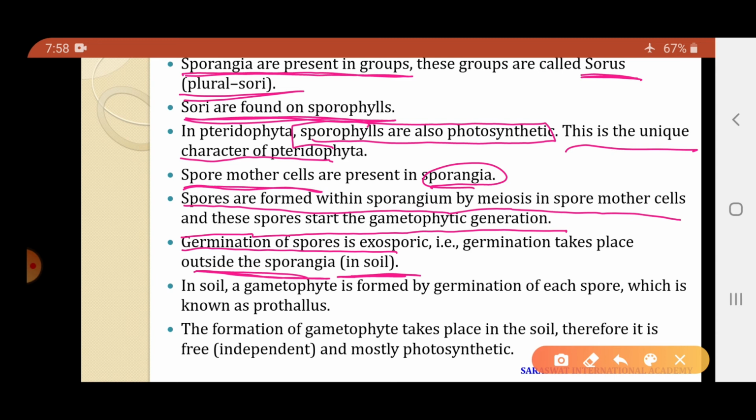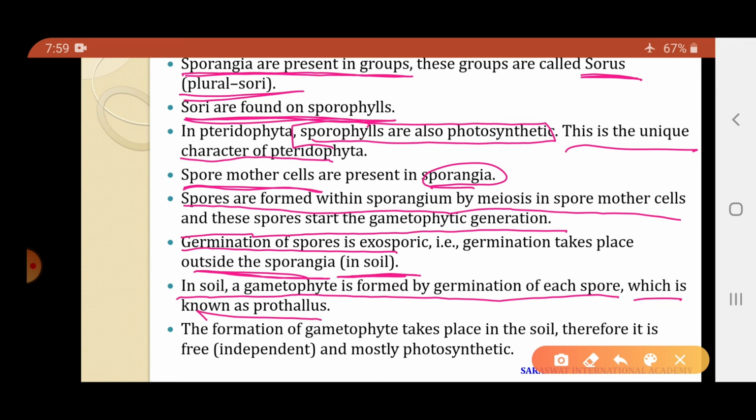जबकि हमने ब्रायोफाइट में ये देखा था कि गैमेटोफाइट के ऊपर ही स्पोरोफाइट का डेवलपमेंट होता था, लेकिन यहाँ पे स्पोर्स का जर्मिनेशन कैसा है? एक्जोस्पोरिक. एक्जो यानी आउटसाइड. So it takes place outside the sporangia in the soil. In soil, a gametophyte is formed by germination of each spore, which is known as prothallus.